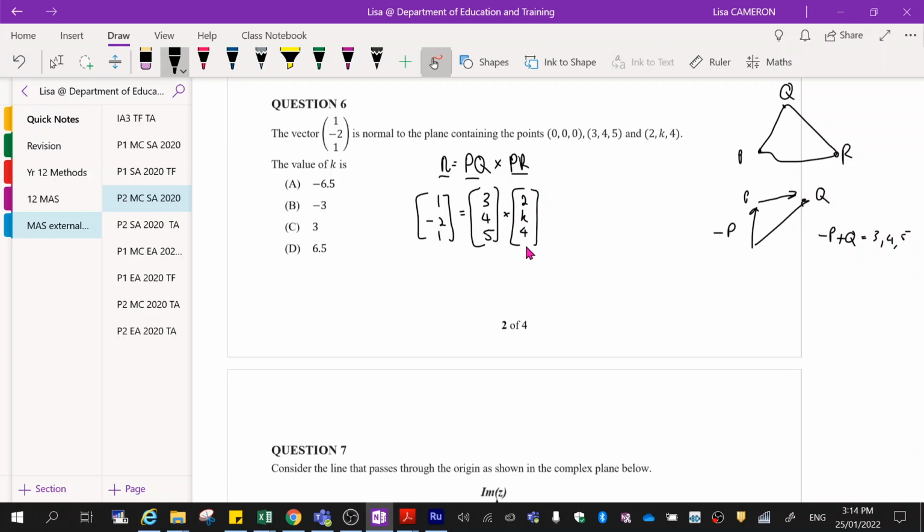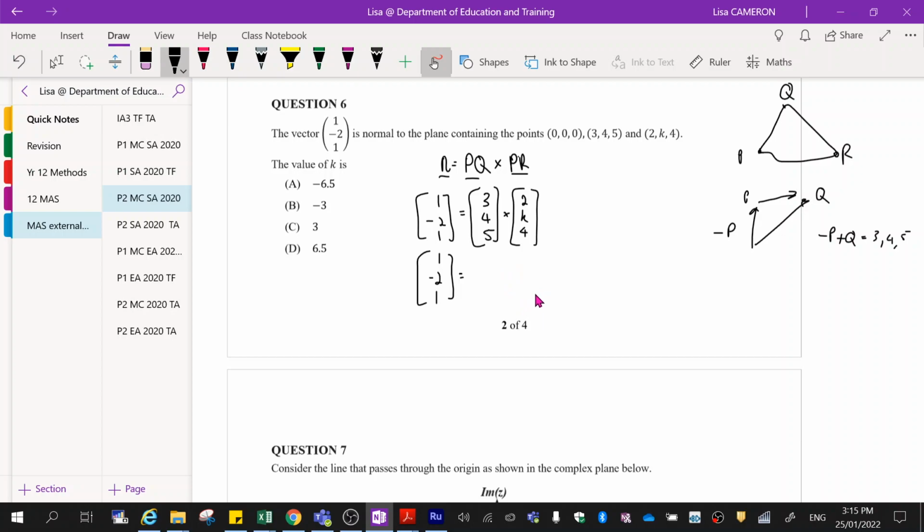Now, I'm not sure if you could use Solvan to do this in your calculator. I assume that you probably could. I'm just going to do it manually today. So 1, -2, 1. Now, I don't remember the formula for how to do this, but your formula sheet tells you how to do this anyway, so you don't need to remember it.